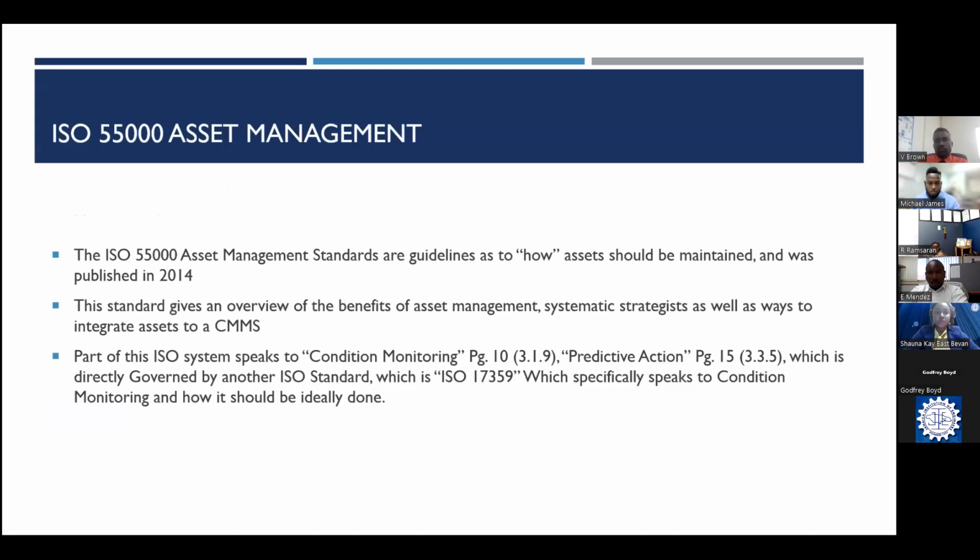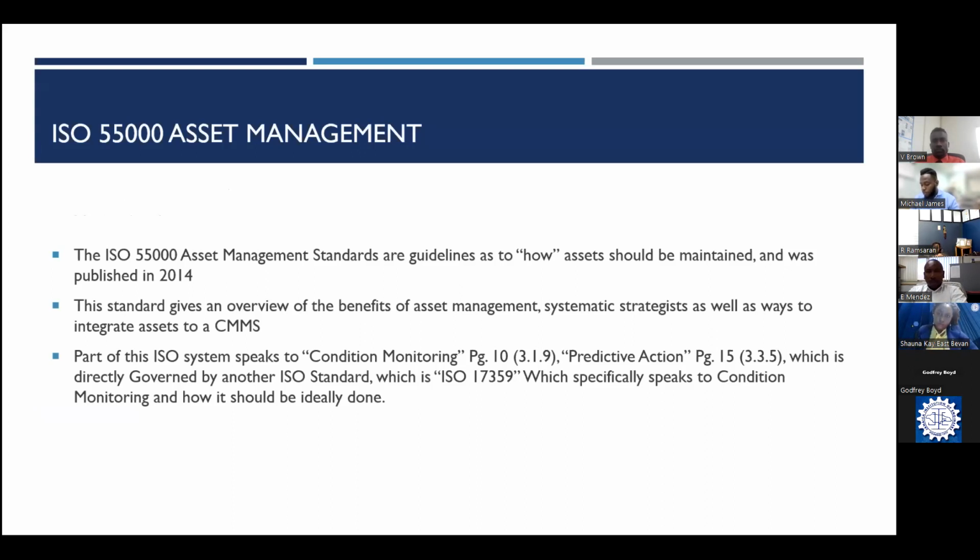So this is an interesting one. Asset management actually falls under an ISO standard. The standard is the ISO 55000 series, which includes version 1 and version 2. Asset management standards are guidelines as to how assets should be maintained, and it was actually published in 2014.